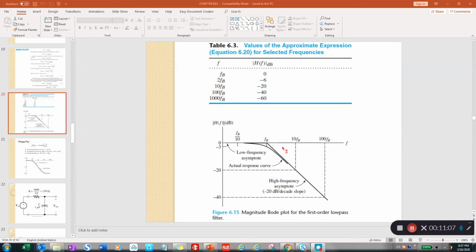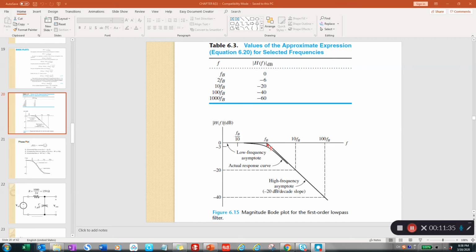If the frequency is higher than the break frequency, we are going to identify 2 points. One is where the frequency is 10 times the break frequency. Then the amplitude in dB will be equal to -20. So you draw a point here.